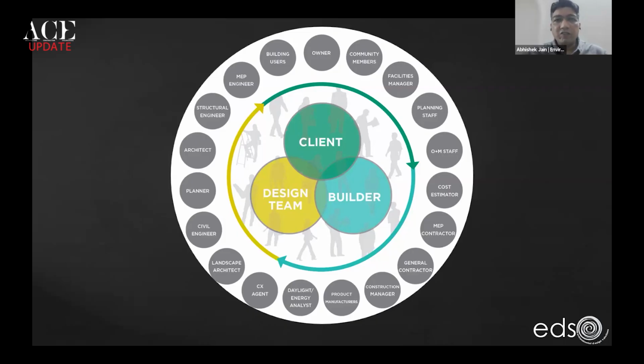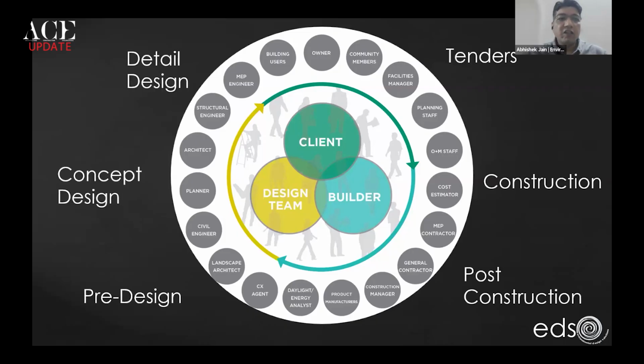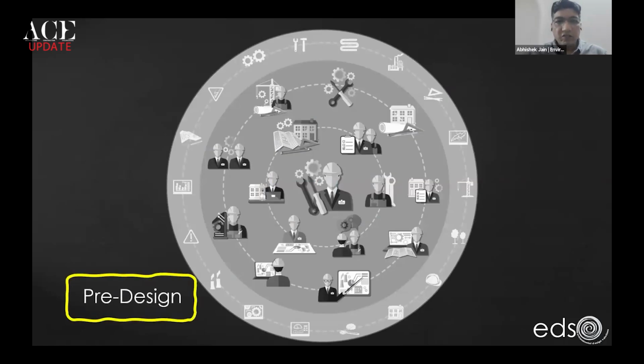Now, these design partners take design decisions at various stages of the design, which includes the pre-design, concept design, detailed design, tender, construction, and post-construction stage. Now, at the pre-design stage, the key focus for an architect or an engineer who is given the responsibility to deliver a green or sustainable building design project is to ensure that all the sustainability goals are set for the project.